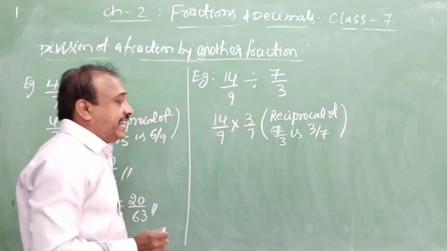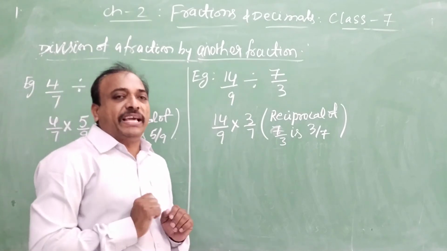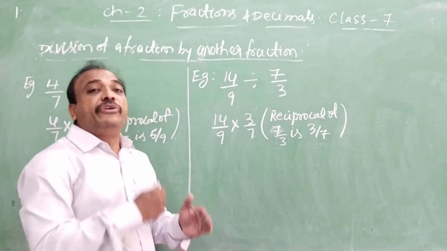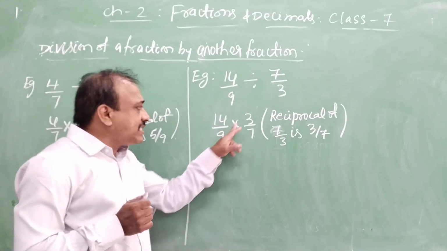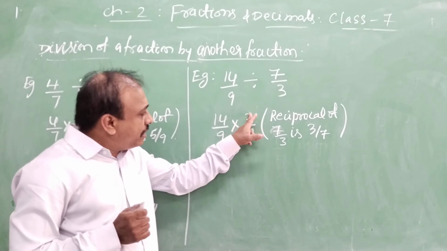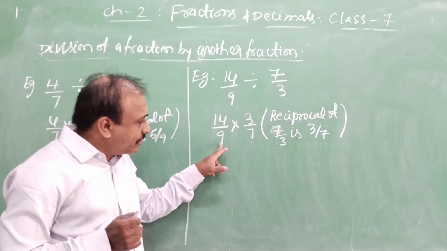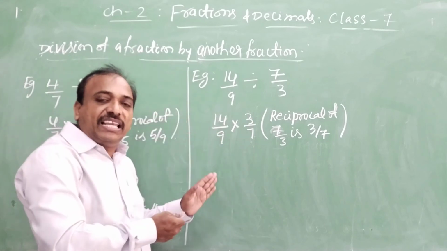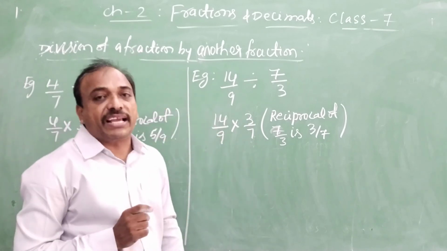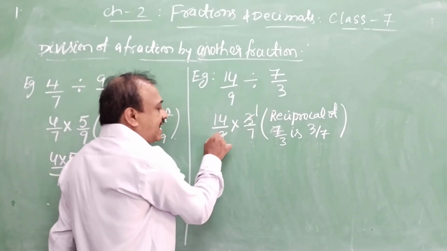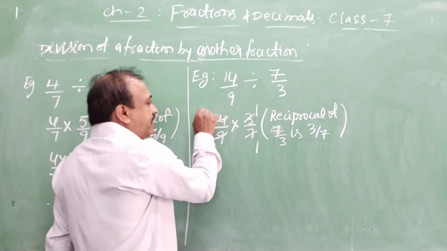We just multiply. Now you see, while multiplying, if any terms get cancelled, we can simplify, cross-cancelling, or multiplying denominator to denominator vertically. So 3 ones are 3, 3 threes are 9, 7 ones are 7, 7 twos are 14.